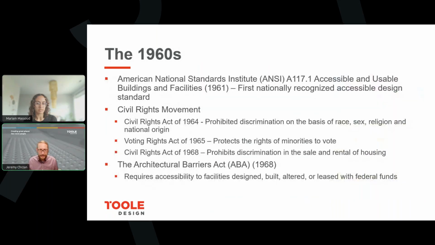So since the 1960s, there have been a variety of different design guidance and standards that have been implemented. The National Standards Institute had their release that talked about accessible building and facilities design, and that's really the first nationally recognized accessible design guide.